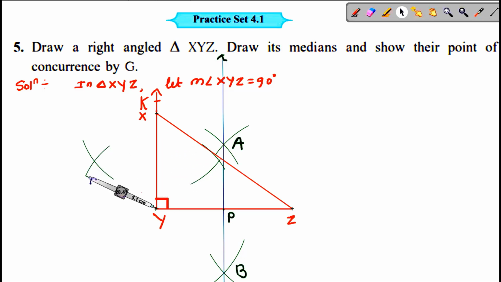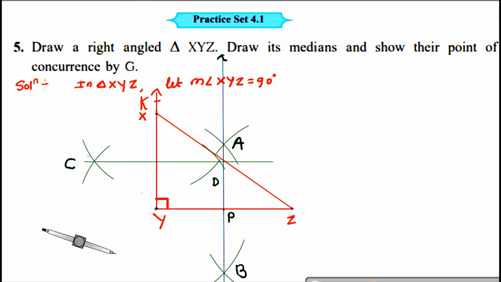Then again we get 2 points. We give the names C and D: this one is point C and this one is point D. Draw the line passing through points C and D with the help of a ruler. Show the arrow at both ends. Line CD intersects side XY at point Q. Therefore, point Q is the midpoint of side XY.